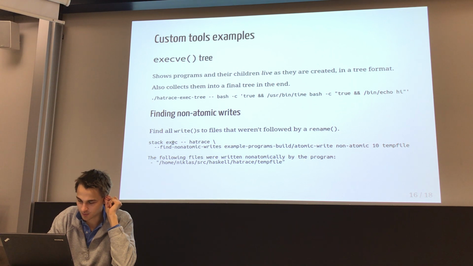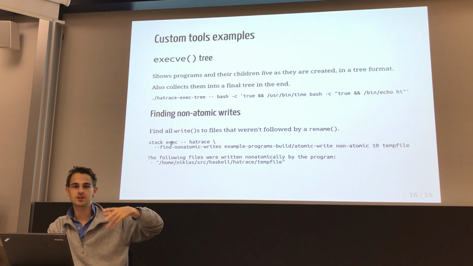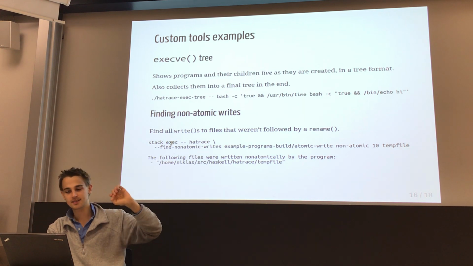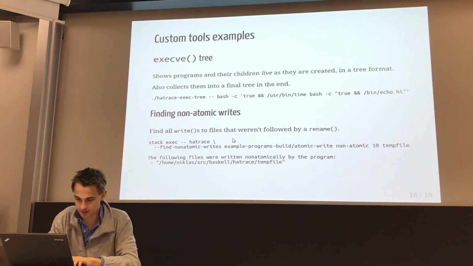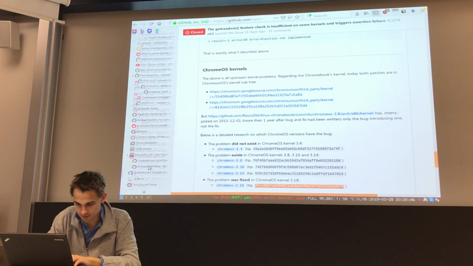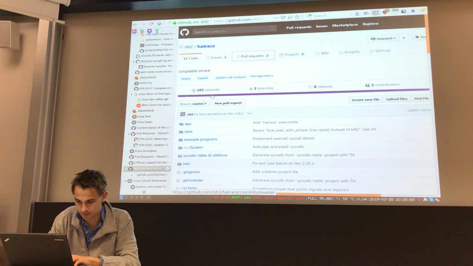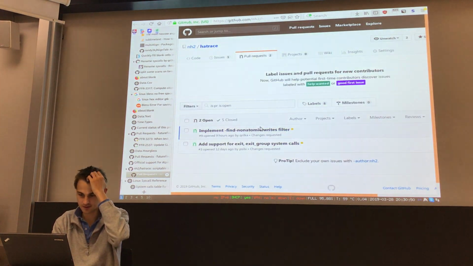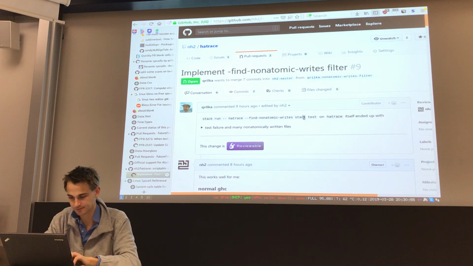Then there's the other thing, for the previous problem of finding non-atomic writes in GHC. I wrote a custom thing in Haskell, but my co-worker Kirill wrote another thing, which is currently an open pull request, which is very nice. He wrote it just this week: the non-atomic writes filter.